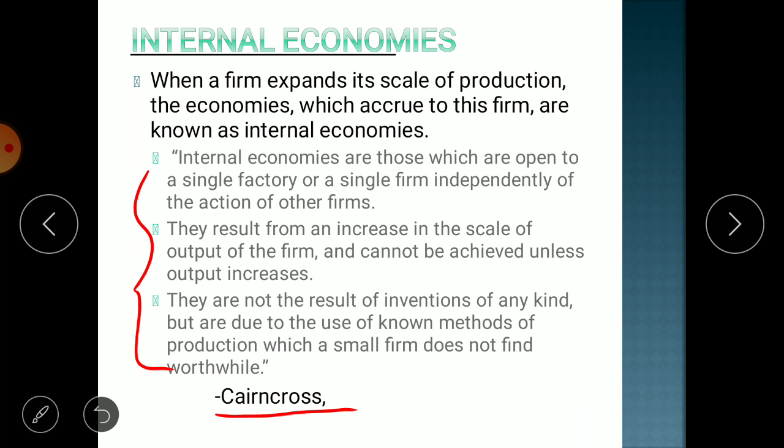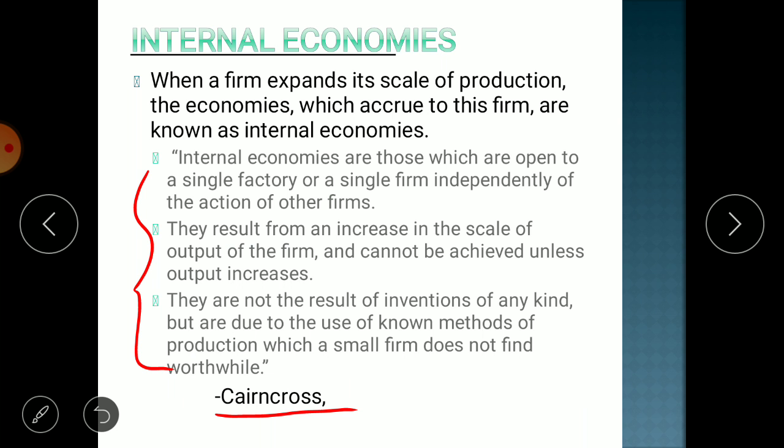But they are due to the use of new methods of production which a small firm does not find worthwhile. It is only because you have changed your production technique that your cost of production reduces. The only reason we can say is that when our technique of production is changing, we are having the benefit of economies of scale. Take an example. In small firms, the production is done by labor, and in a large firm, the production is done by machinery.